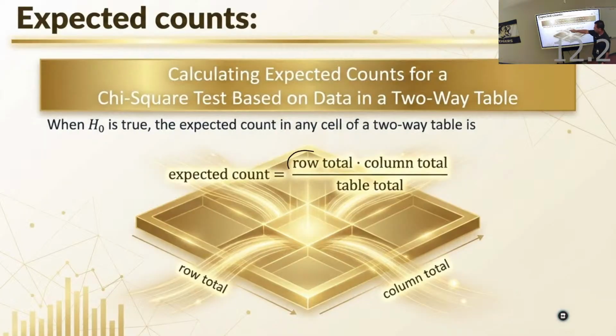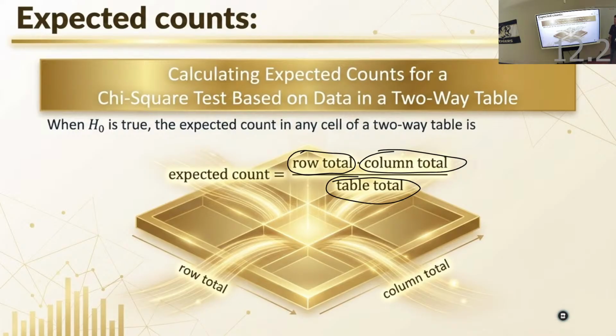Whatever the row total is, you're going to multiply it by the column total, and then divide it by the table total. Row total, column total, and divide it by the table total. That's what finds those ratios.